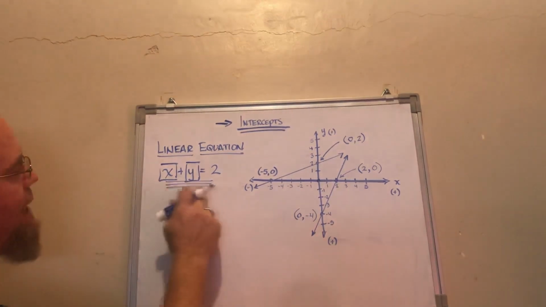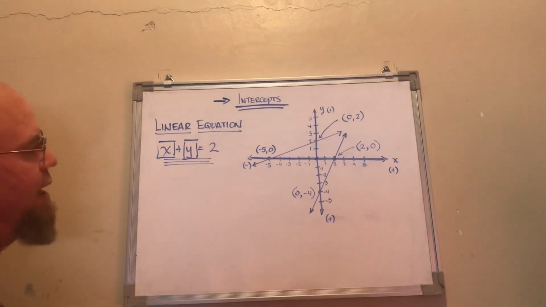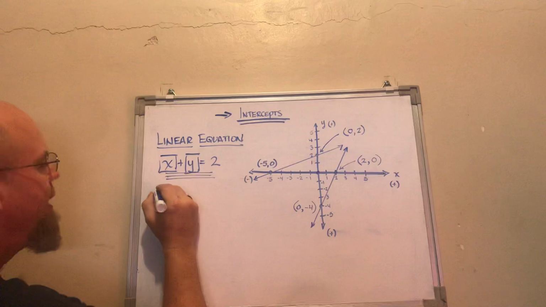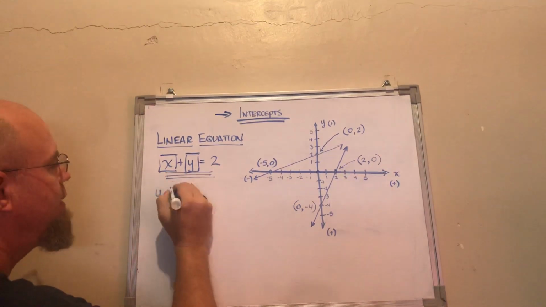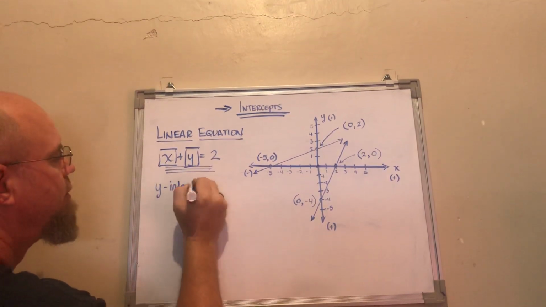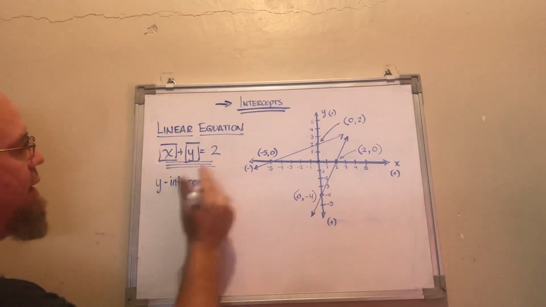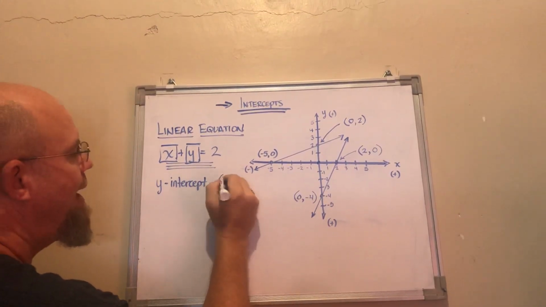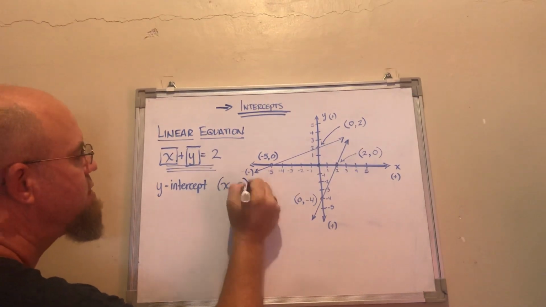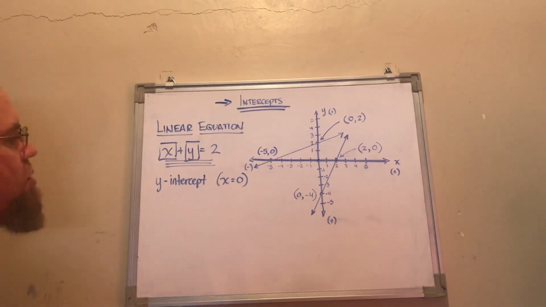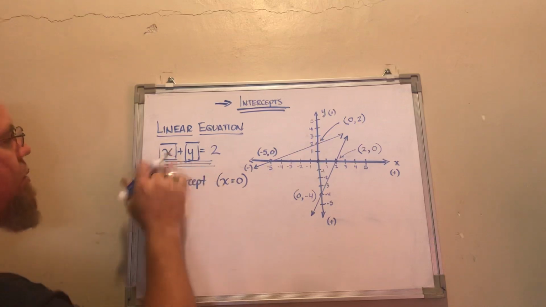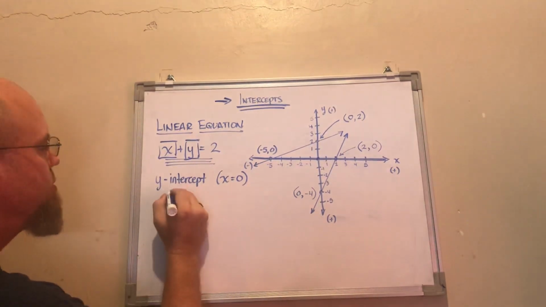So in this equation, to find the y-intercept, we know that the y-intercept is when x equals 0. So all we have to do is plug 0 in for x into this equation.